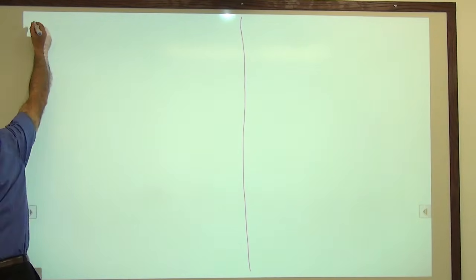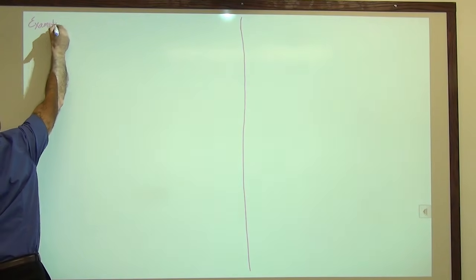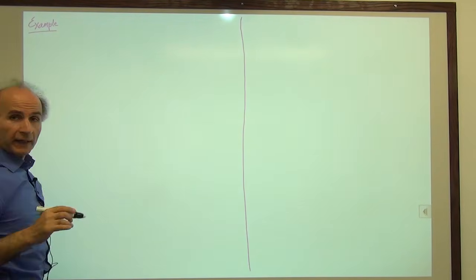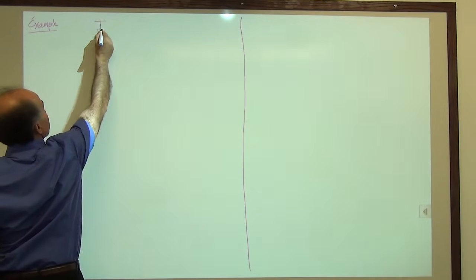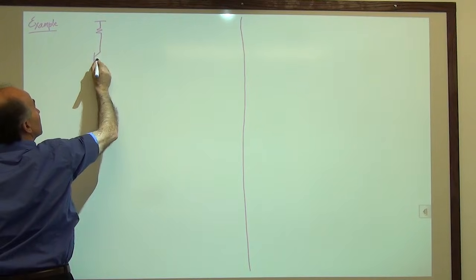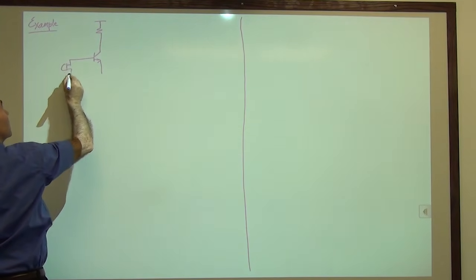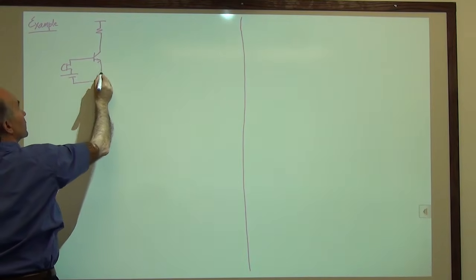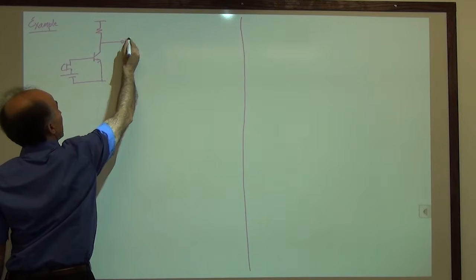All right, so here's an example. We start out with our good old amplifier, very simple. Here's an amplifier that we have studied a number of times. We have a microphone, a bias voltage for the base emitter, and then we have V out here.